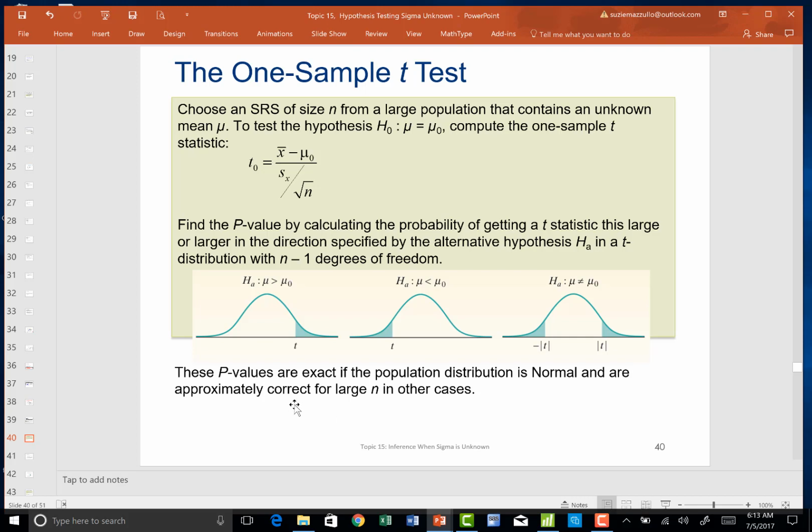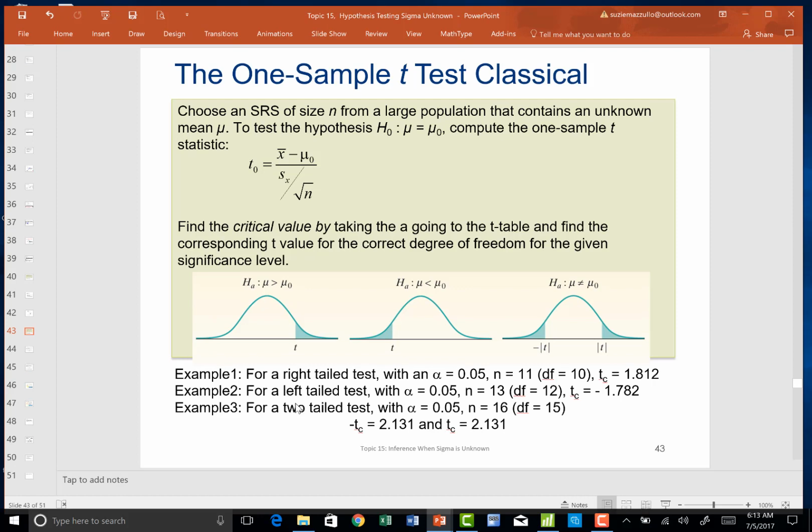So what does all that mean? Well, if we use the classical method, we certainly can find critical values based on a right, left, and a two-tailed test. If you take out your student t-distribution, down at the very bottom, it says one-sided or two-sided. The one-sided is if it's a left tail or a right tail, and the numbers in the body of your student t are your critical values.